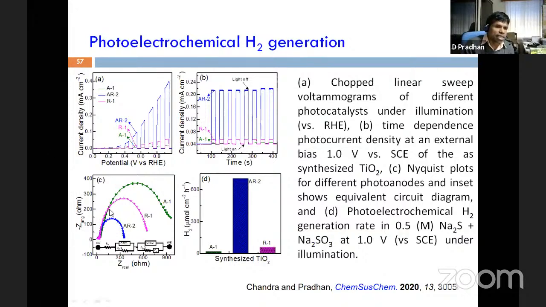In C, there are again charge transfer resistance measurements, impedance spectra, which give the smallest semicircle, indicating the smallest charge transfer resistance. In D, we have compared the hydrogen generation performance per centimeter square, because in the electrochemical work we coated it on an ITO substrate, and therefore we measured here per centimeter square instead of per gram.